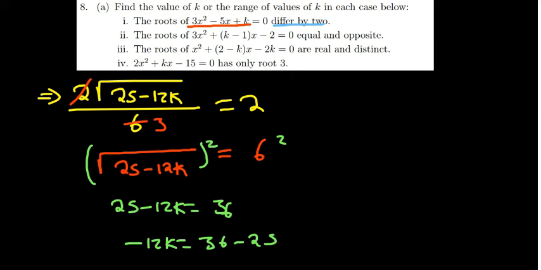So negative 12k, and 36 minus 25 gives us what? 11. So the value of k is negative 11 over 12.